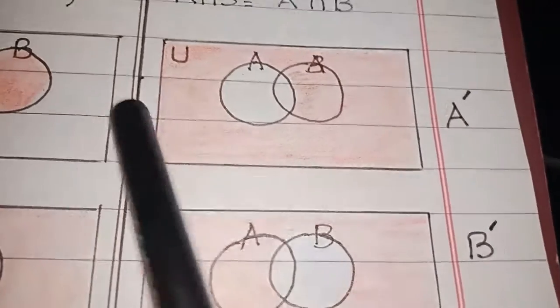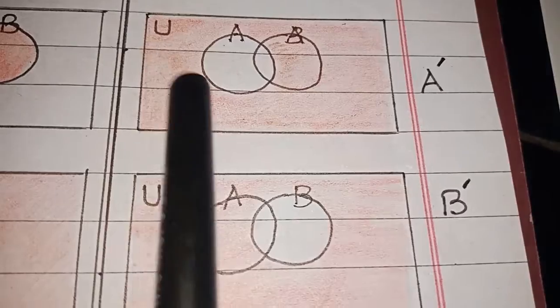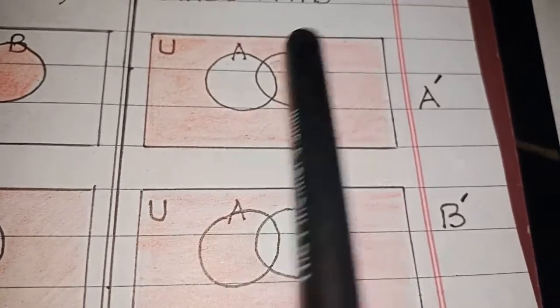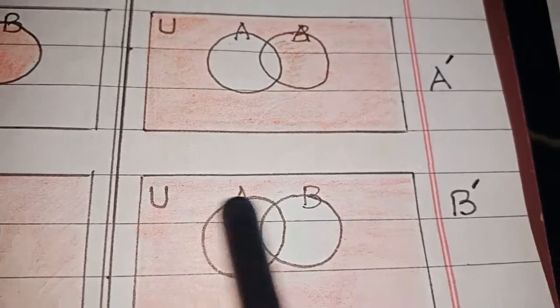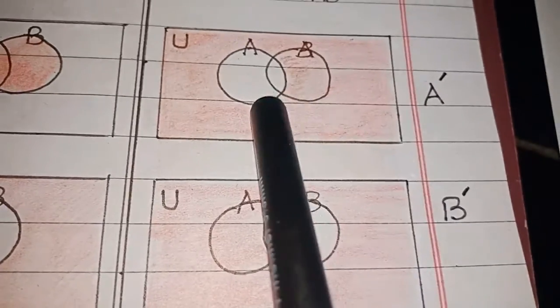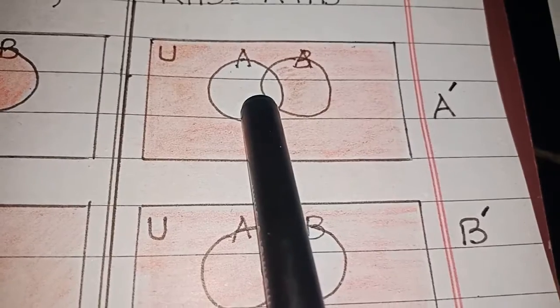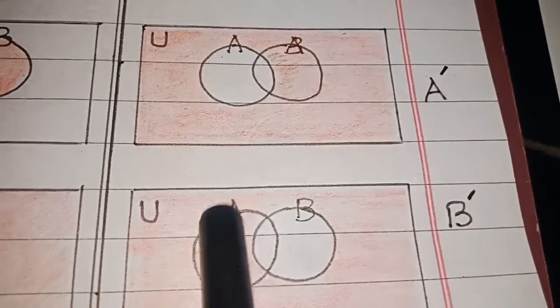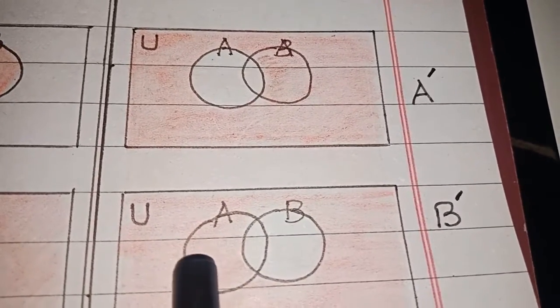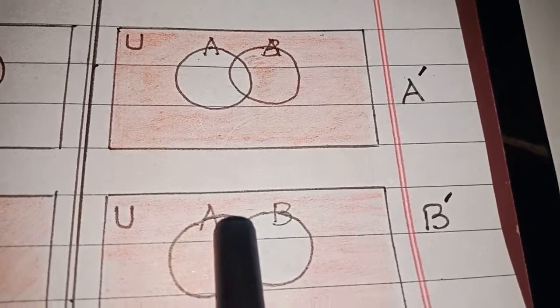This picture and this picture each have three parts: the universal set, set A and set B. So we'll compare set A first. This A part is without color, and in this one some of A is colored and some of it is not colored.